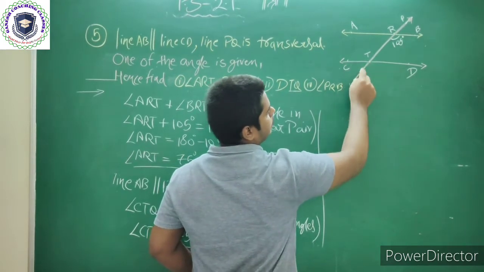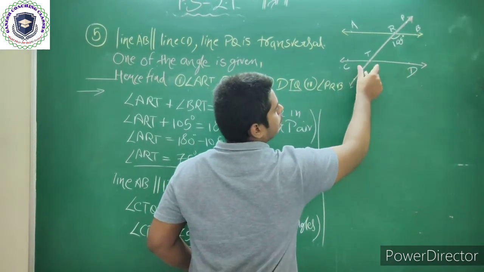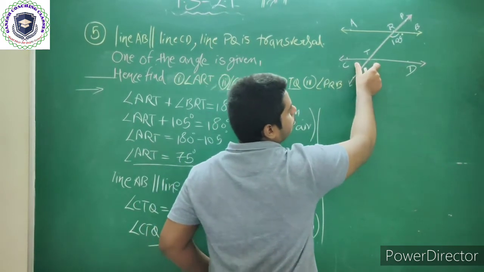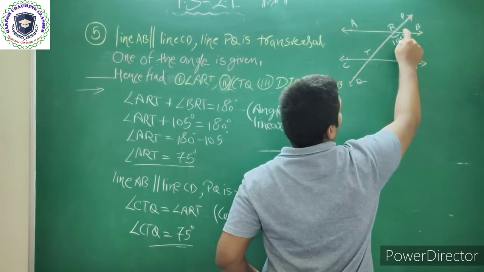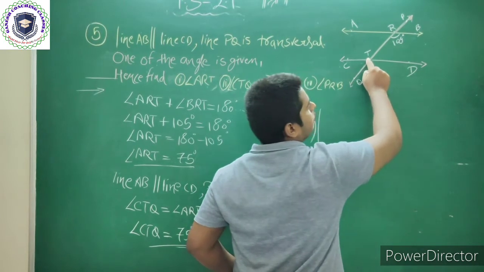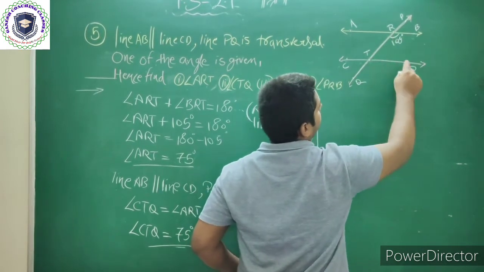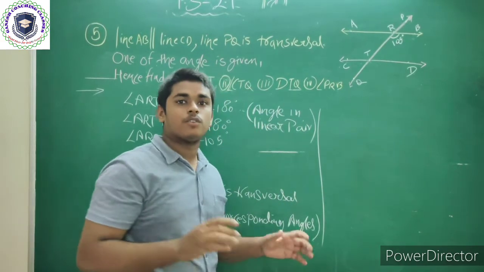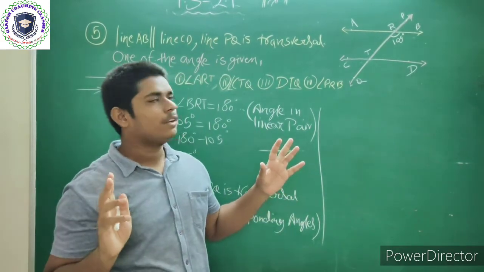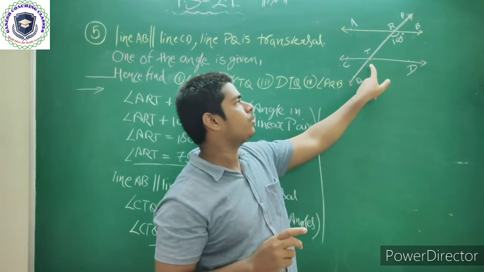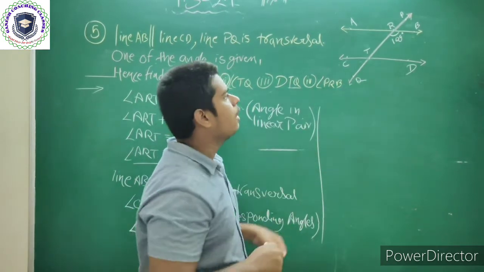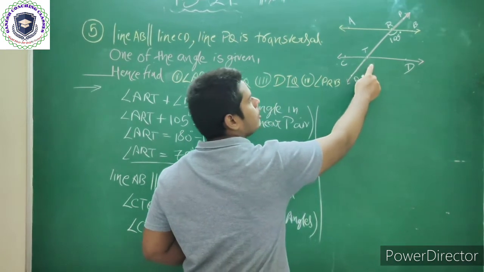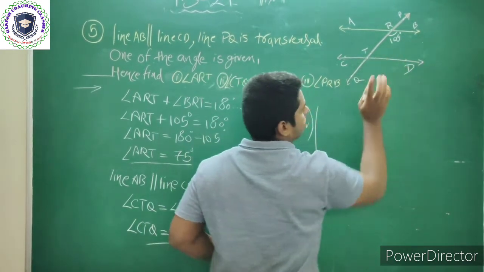Now CTQ and DTQ are angles in linear pair, or we can find it using angle BRT. BRT and DTQ are corresponding angles.